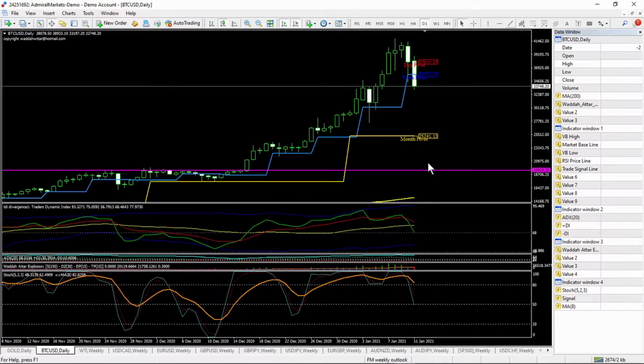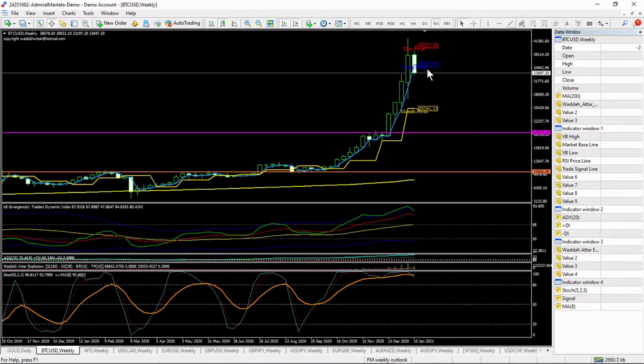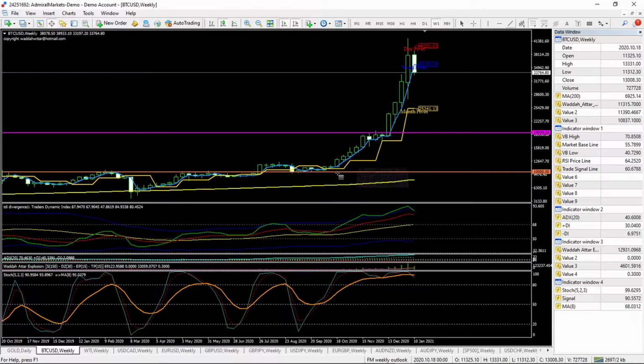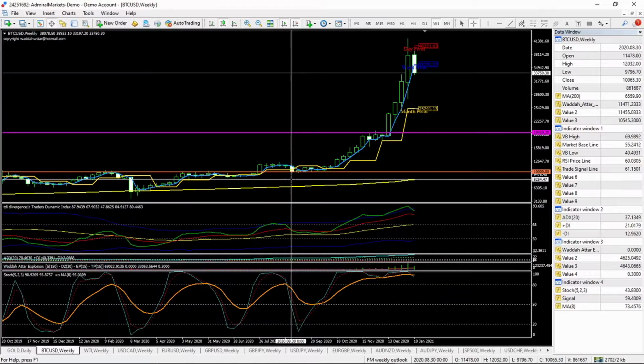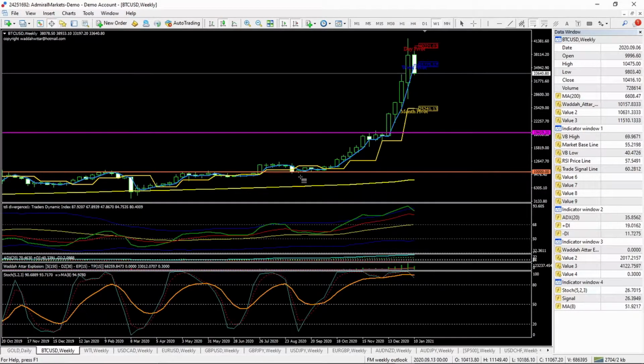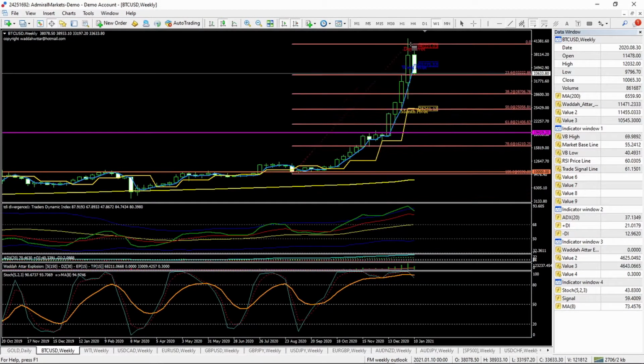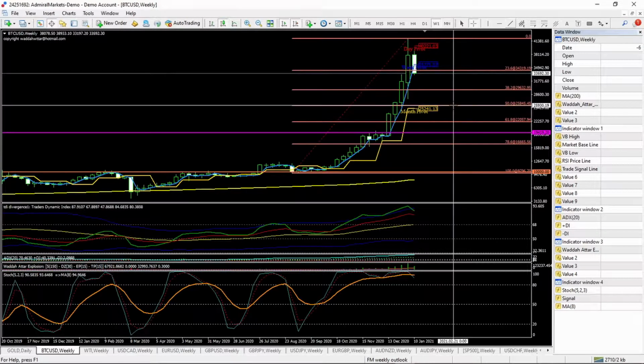Okay, so on Bitcoin here, I believe this is going to a medium term short, but let's see if we can find an area. Let's go back to here. Wow, that would be something. And look for a pullback to 25,000 on the weekly.